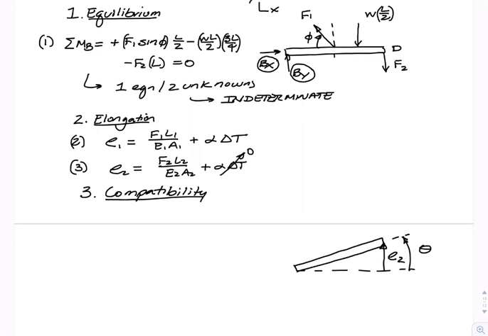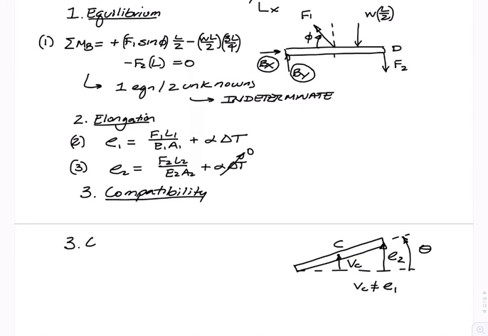If I come back and look at C, this is going to be the vertical deflection of point C. Note that VC and the elongation or the contraction there on 1 is not the same thing, because the contraction of 1 is along that angle of phi. We're representing here the vertical component of the displacement there for C.